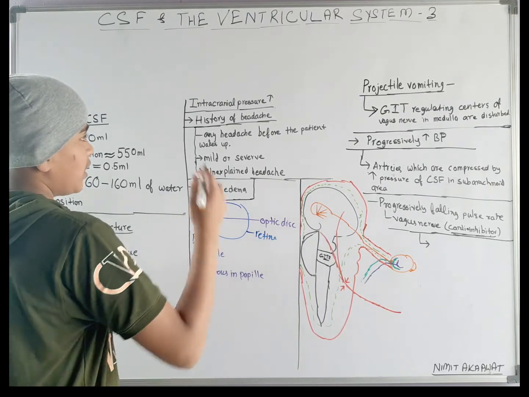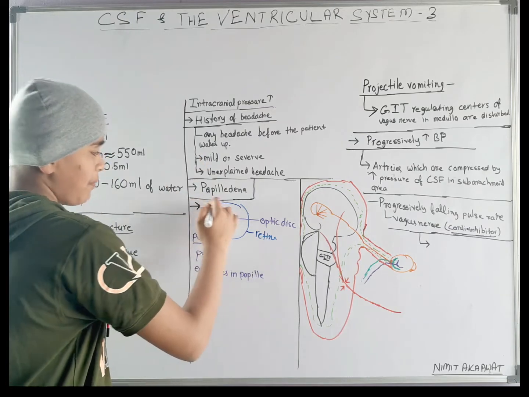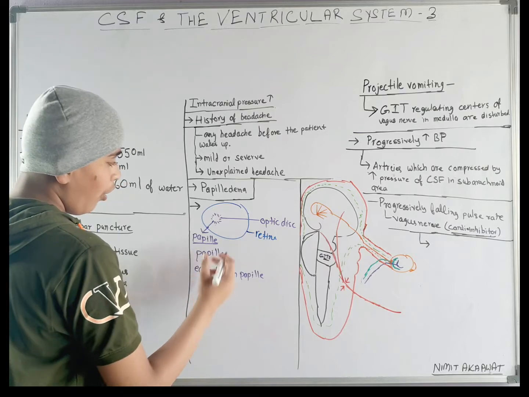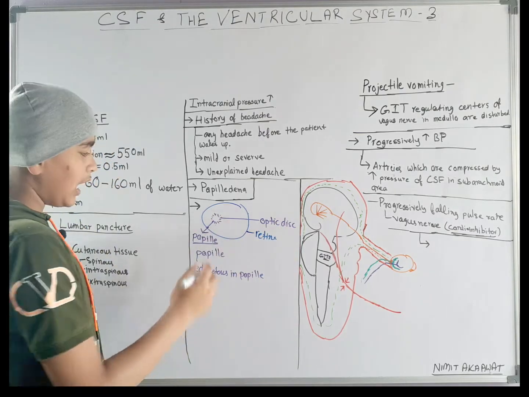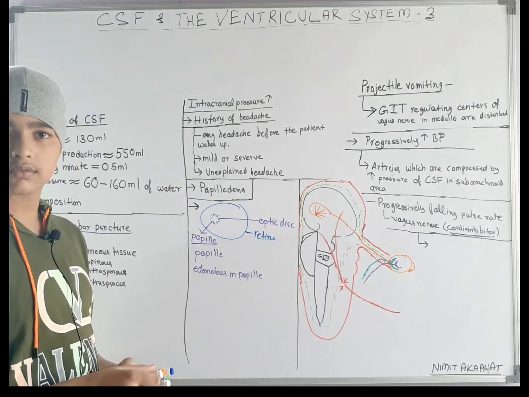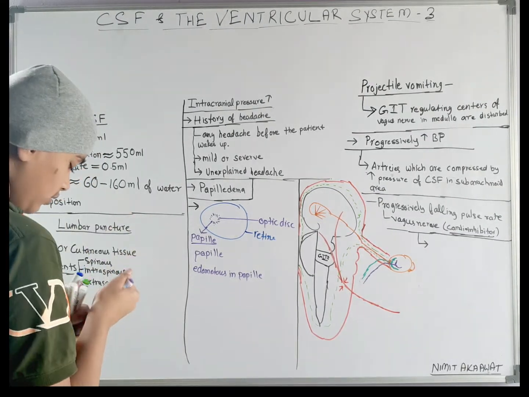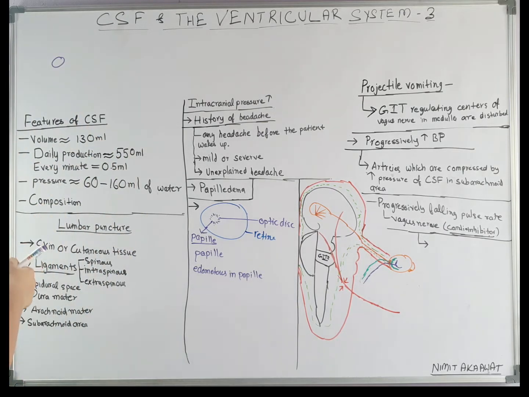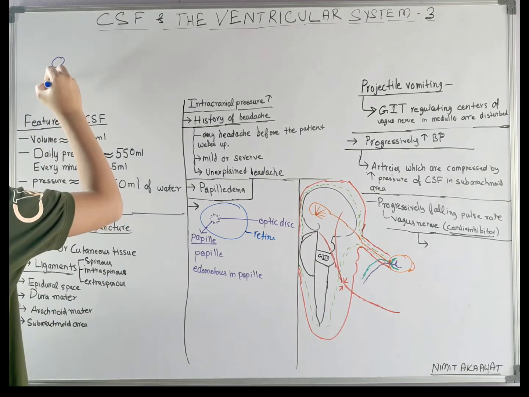Now, the second factor of raised intracranial pressure is papillary edema. In papillary edema, the papilla, or the margins of the optic disc, are blurred when we look through the ophthalmoscope. So here is the optic disc and here is the retina.